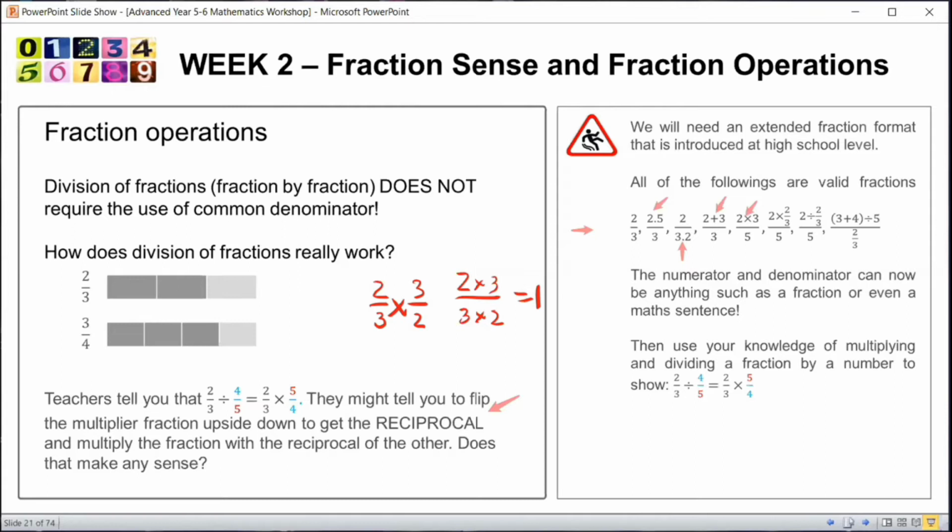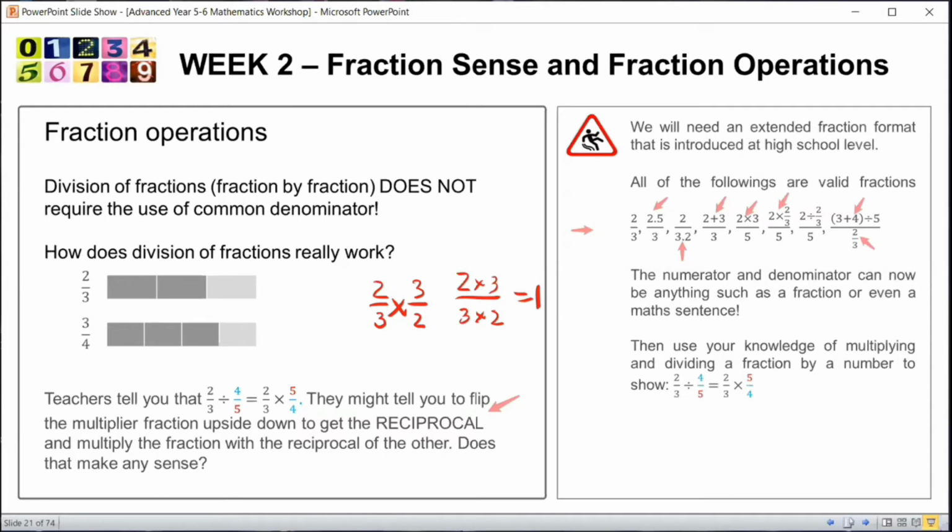And then the next one, we have a product as well. Right, so all these are fractions. And a number sentence, and the denominator is actually a fraction.